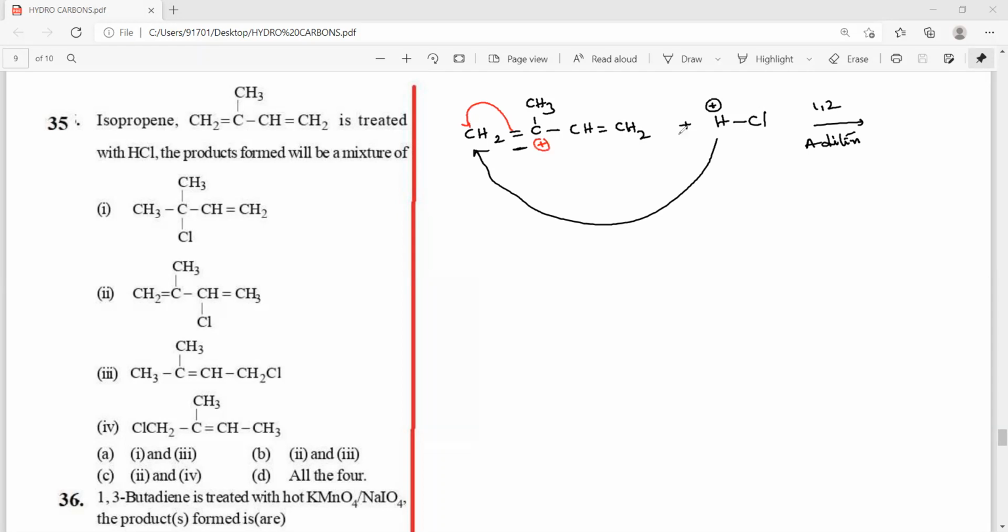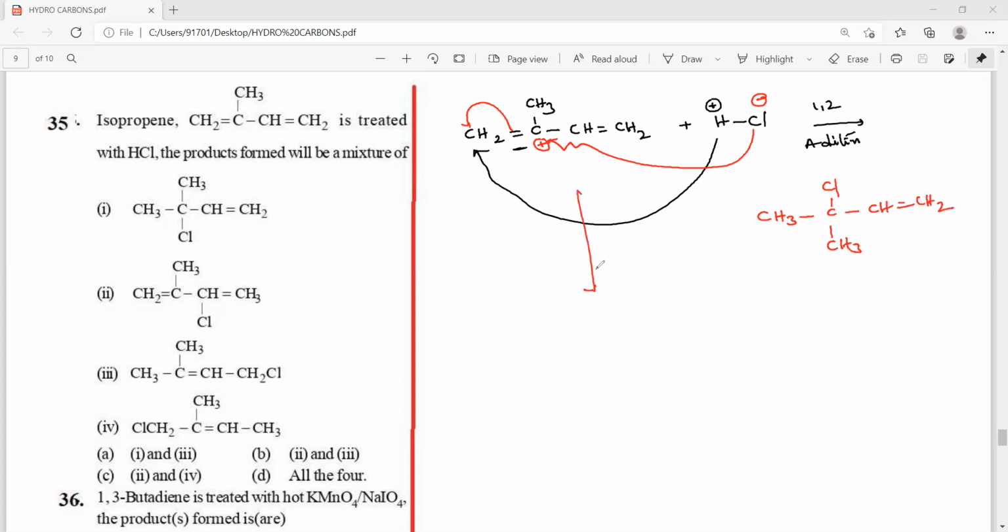Here is a tertiary carbocation, and the negative ion will be added here. The resultant 1,2 addition product is CH3, Cl bond CH3 bond CH double bond CH2.